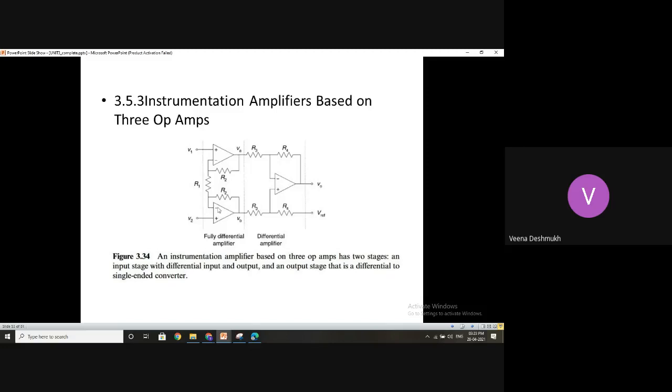This terminal behaves like a source of input to the inverting terminal of the first op amp through resistor R1, which behaves like the input resistance.